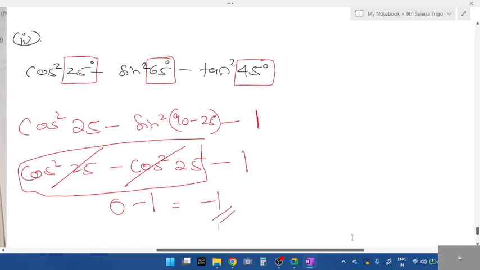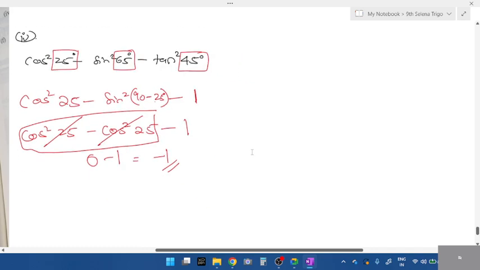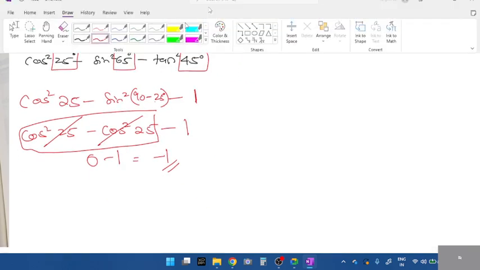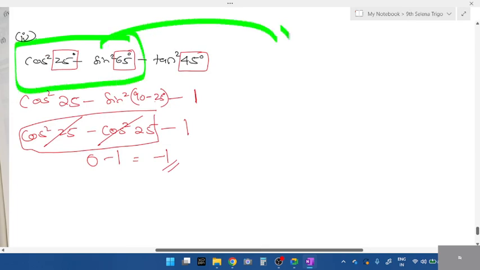Look here, Andrea. This is where a few students get confused. Here, which one did we convert? Sine square we converted. After converting, what did we get? Second step. If any question already has sine square 90 minus 25, we don't need to convert.